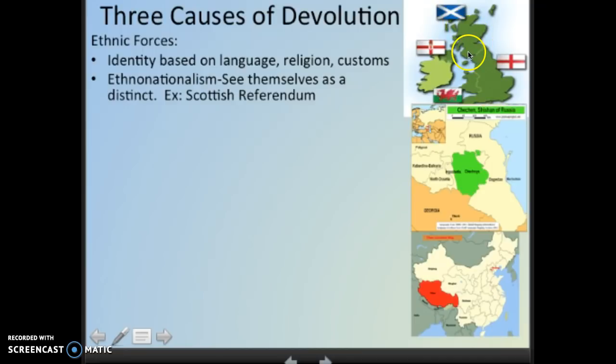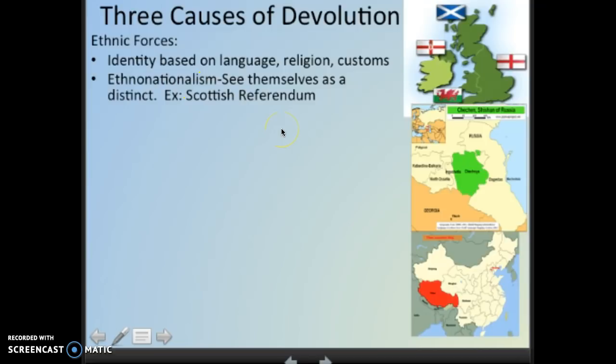Scotland has a sense of ethno-nationalism. It means something to be a Scottish person, and they want to be able to make decisions for themselves. So London decided to give Scotland power to have their own parliament and make some regional decisions on their own. However, you still have parliamentary sovereignty in the UK. The UK is always going to be supreme over the Scottish Parliament unless a Scottish referendum for independence were to pass.